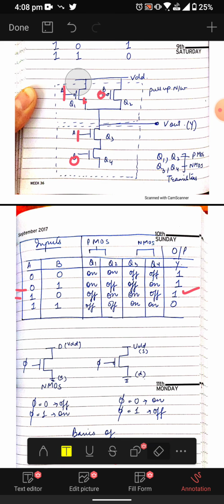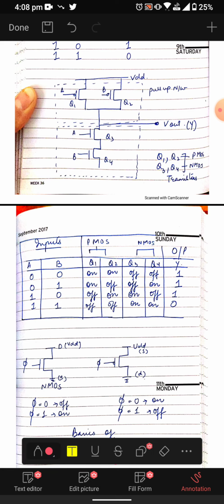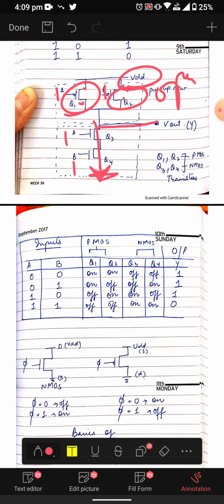Let's come to the fourth case, wherein both the inputs, that is A and B, are given logic level 1. 1, 1. So Q1 and Q2 are open. So VDD is out of the circuit because the transistors Q1 and Q2 are open, and V out is shorted to the ground. So what will you get at V out? Logic level 0 here.